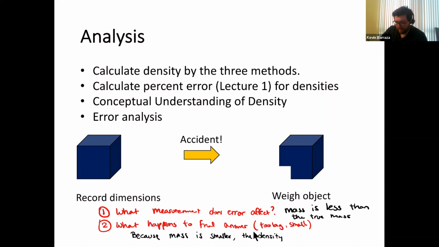Or I should say the density calculation will be what? Too big or too small? D equals M over V. Too small, right?